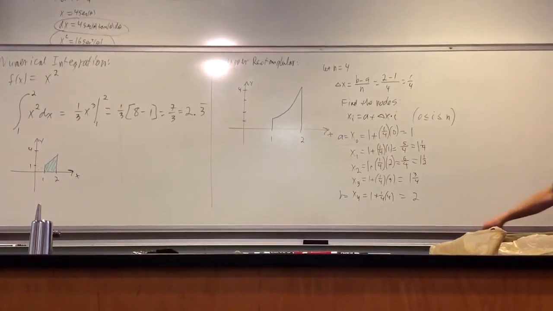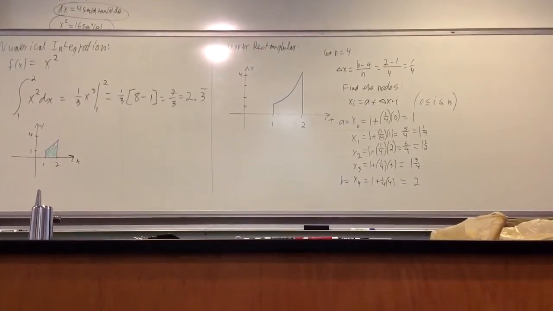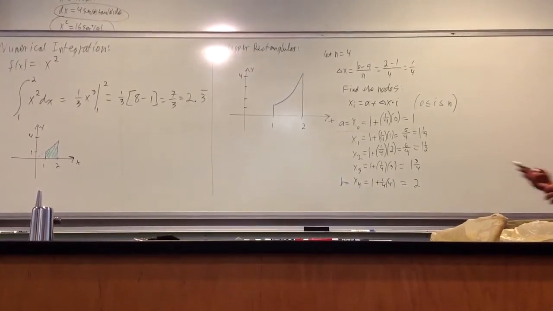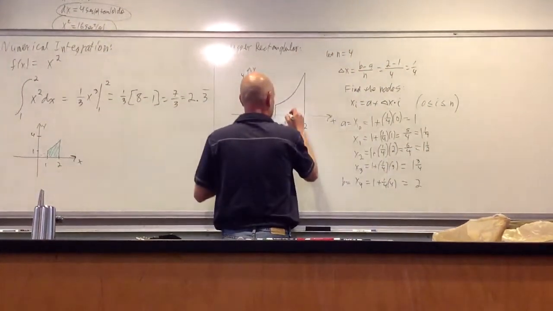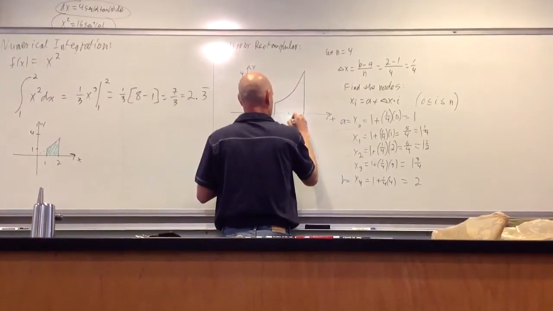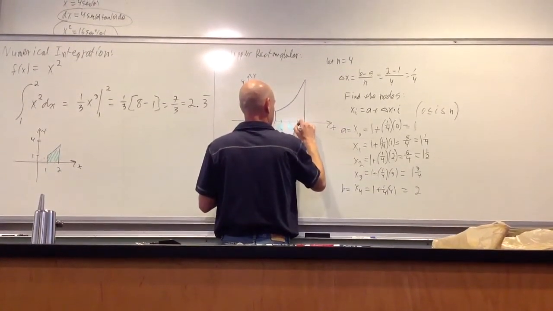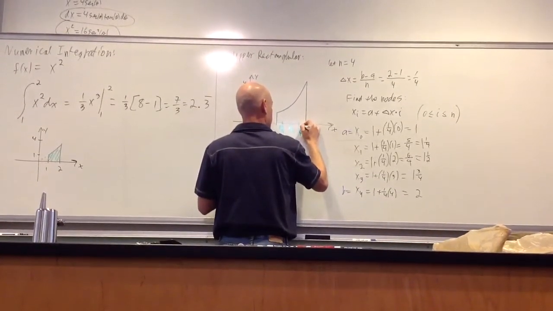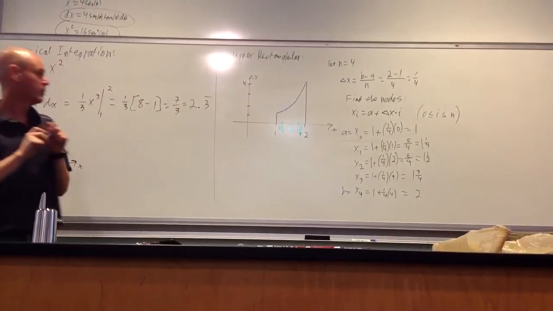Again, your endpoints, your x naught and your x sub n should always be your A and your B. There's my nodes.